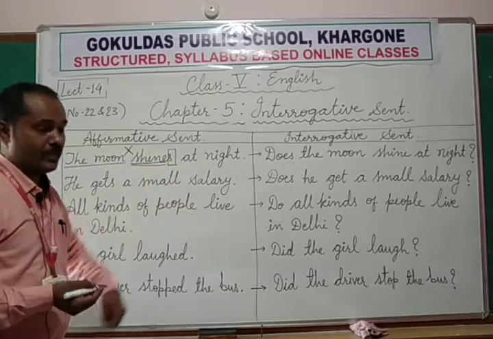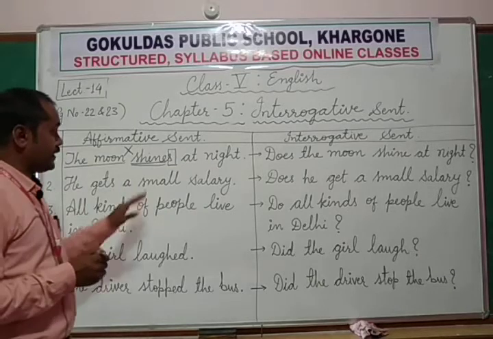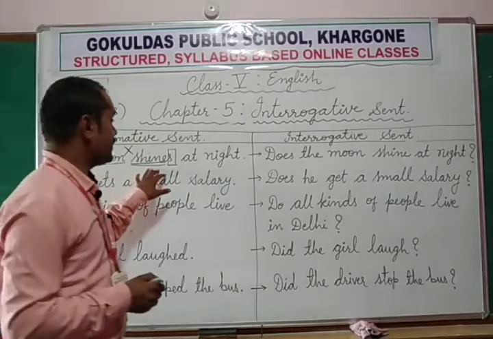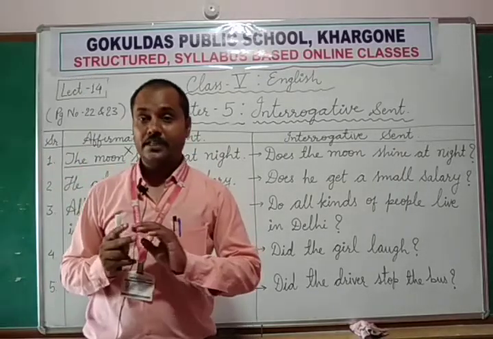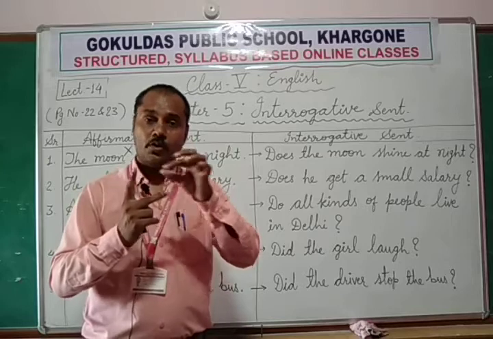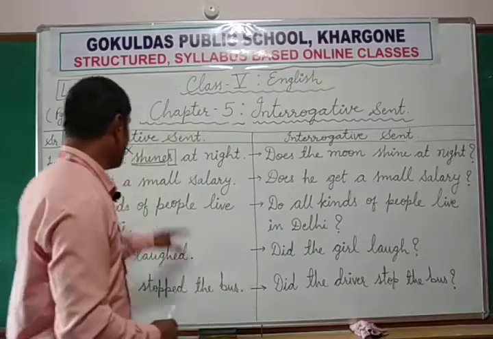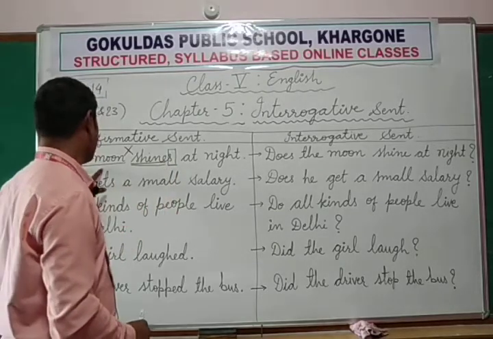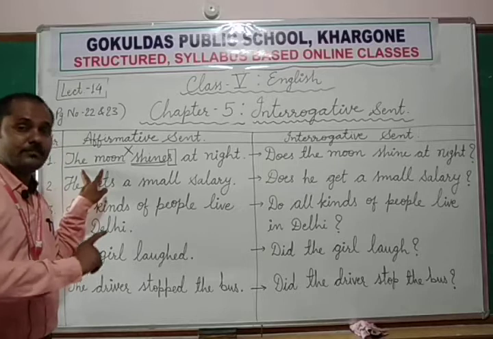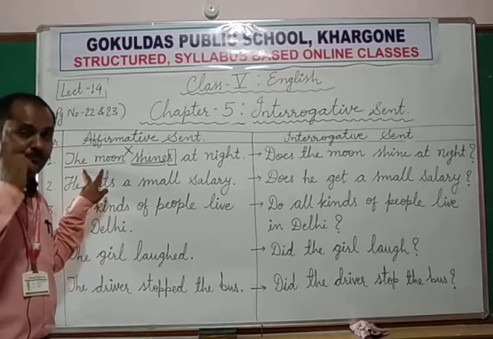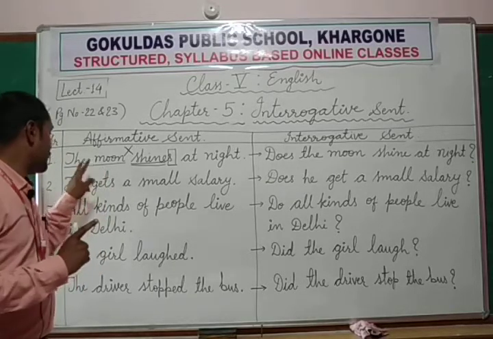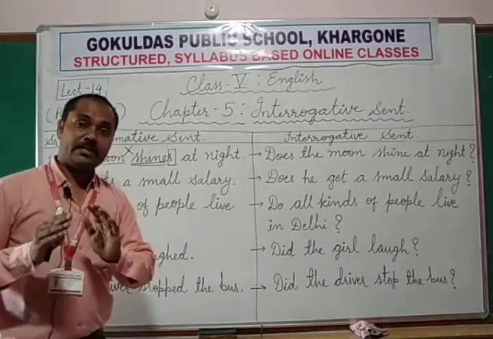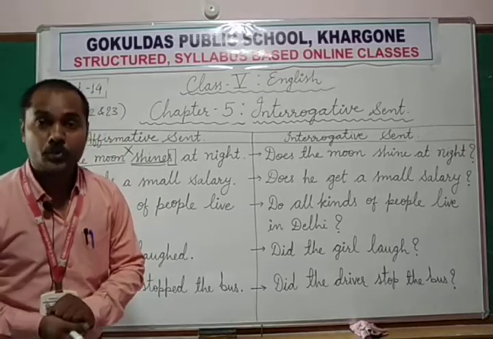Shines at night. This shows us that this is present simple tense, and in present simple tense we have two helping verbs, do or does. Since we are using S in the main verb and the subject is singular, remember: when the subject is singular we use does, and when the subject is plural we use do.